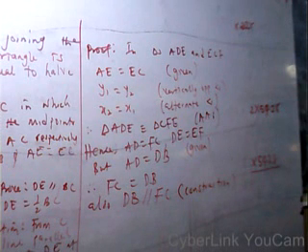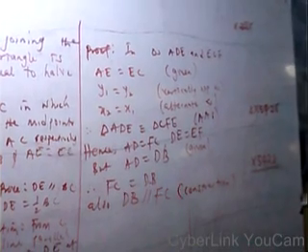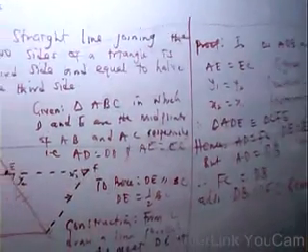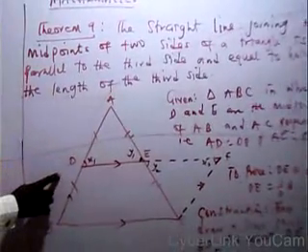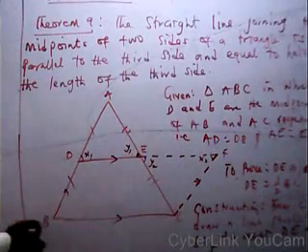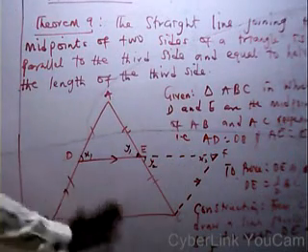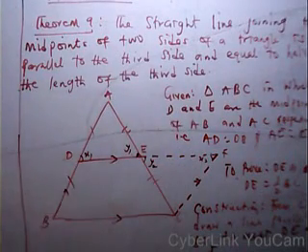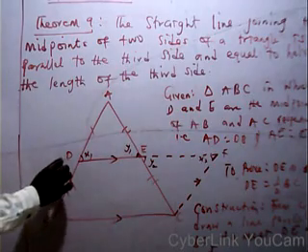So we notice one thing from our diagram here. From this diagram now, we see that DFCB is a parallelogram. Look at this shape.